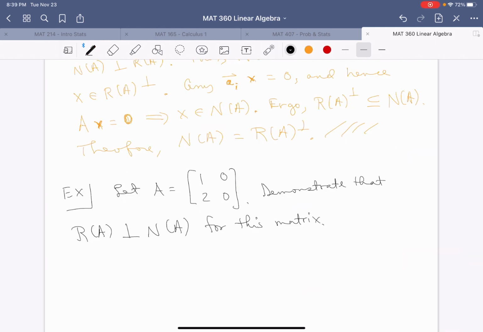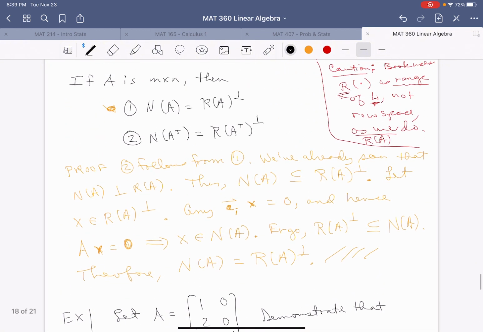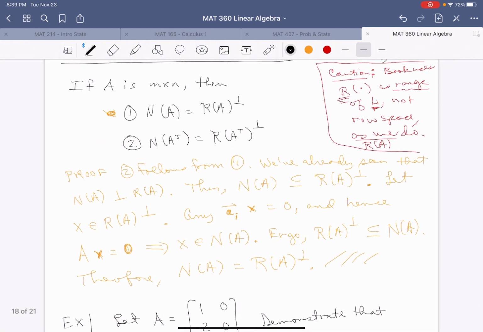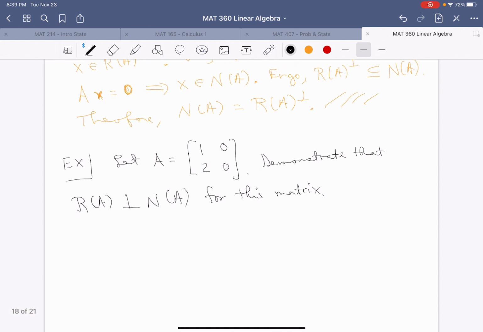In this video, we're going to look at an example of the fundamental subspaces theorem. So that's the one we just proved earlier. We're going to demonstrate that the row space of this matrix is perpendicular to the null space, which we know is true from the theorem, but let's just see that in action with this example.